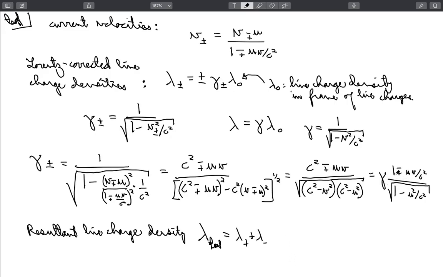And I see that I just get a simple simplification, where I just pick up this part of the term here, because this thing becomes just lambda 0 times this gamma plus minus gamma minus, which is equal to just minus 2 times this lambda uv over c squared times 1 minus u squared over c squared.